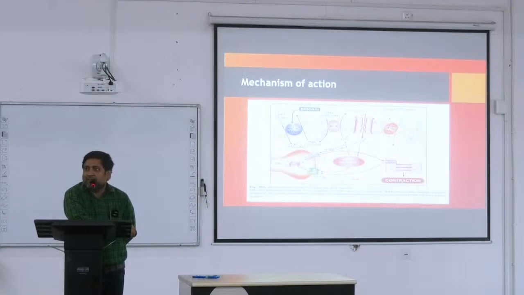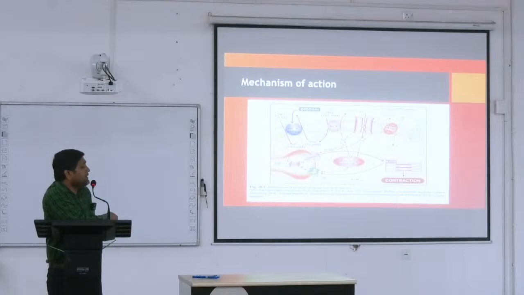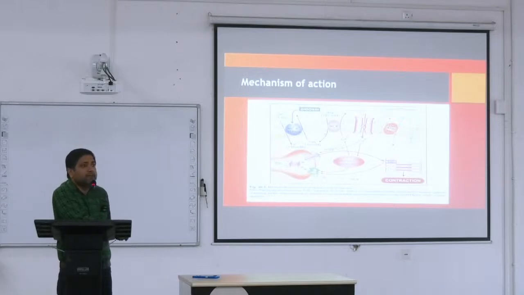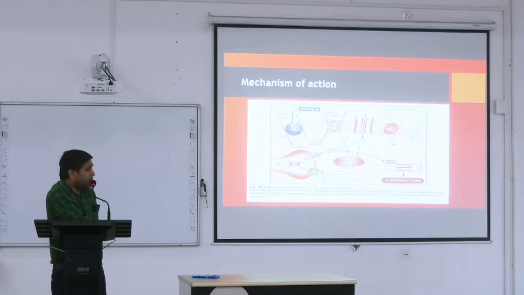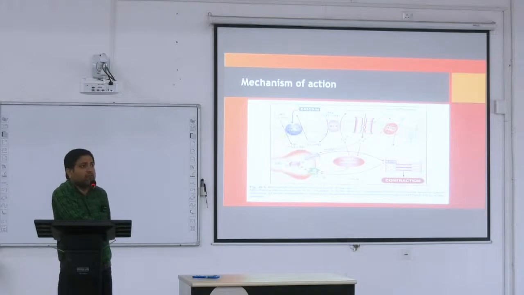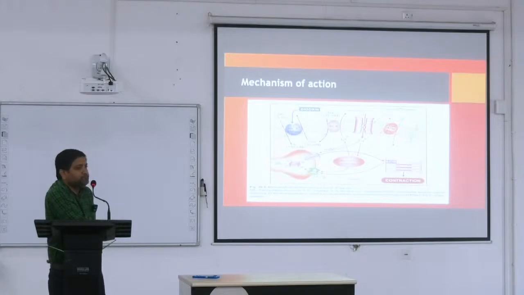Understood? So ultimately the cytosolic calcium concentration is increasing, and that is stored in the sarcoplasmic reticulum by sarcoplasmic endoplasmic reticulum calcium ATPase 2. That causes the entry of calcium from the cytosol into the sarcoplasmic reticulum.